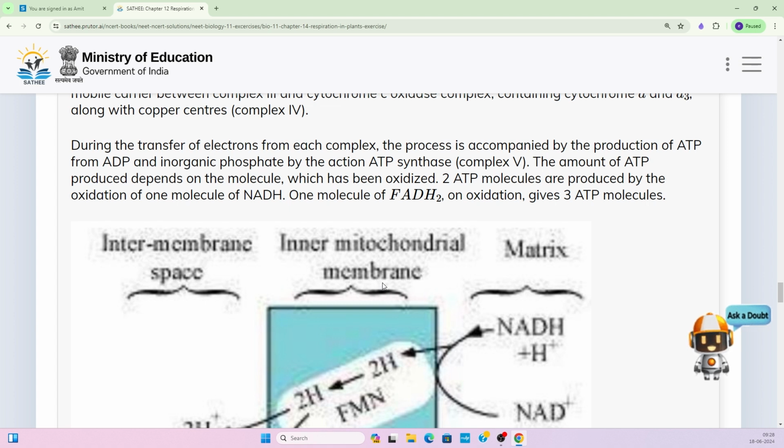The amount of ATP produced depends on the molecule which has been oxidized. 2 ATP molecules are produced by the oxidation of 1 molecule of NADH, and 1 molecule of FADH2 on oxidation gives 3 ATP molecules, 1.5 each.